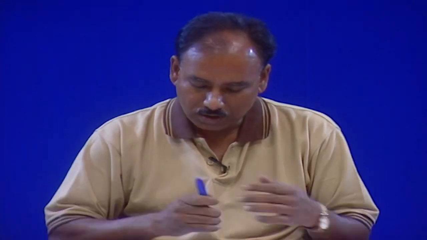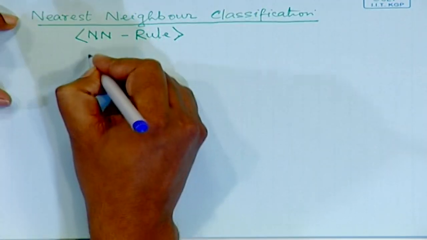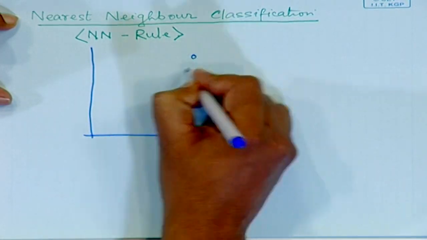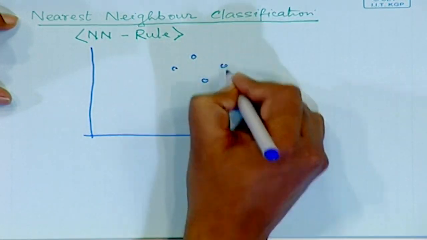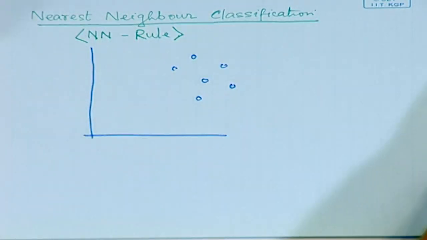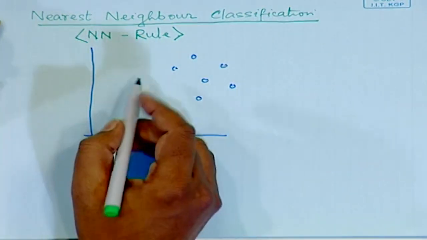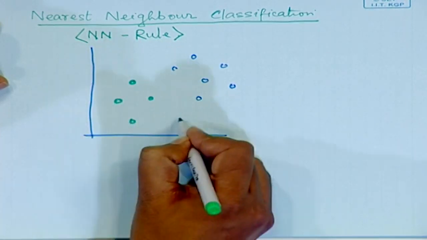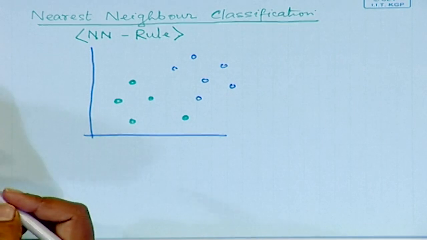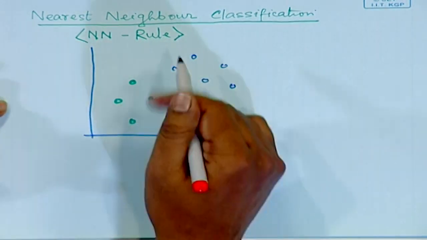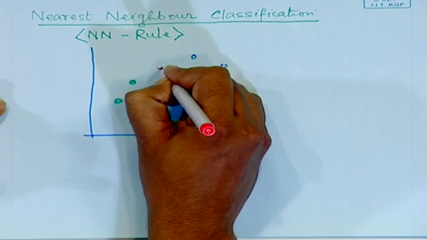So I have a situation like this. Suppose I have a set of training samples, these are the training samples which belong to one class, and these are the training samples that belong to another class, and suppose I have an unknown sample somewhere over here.